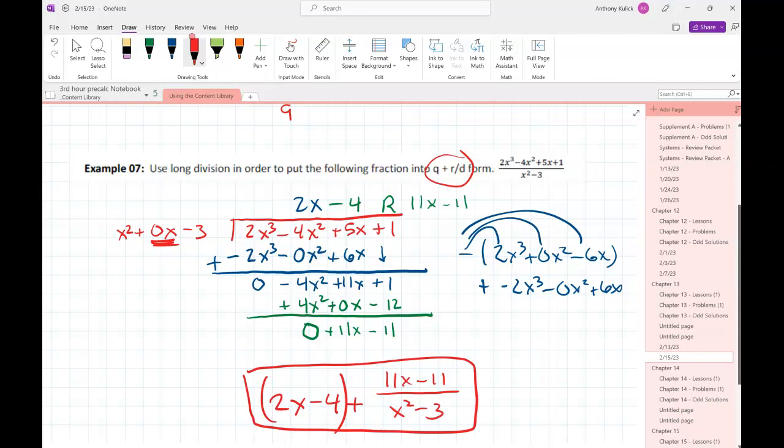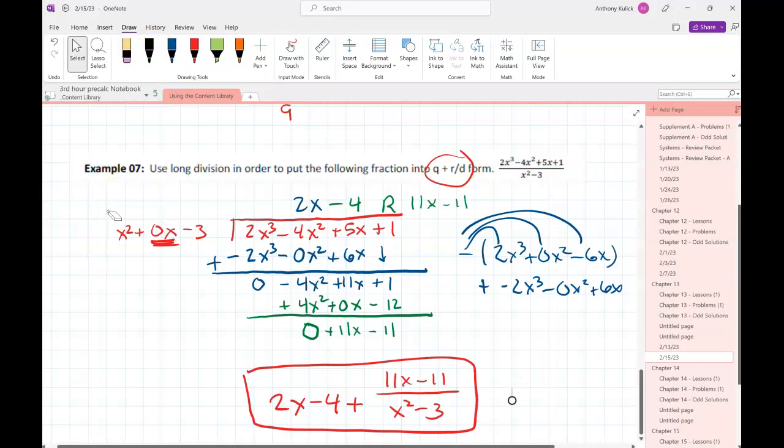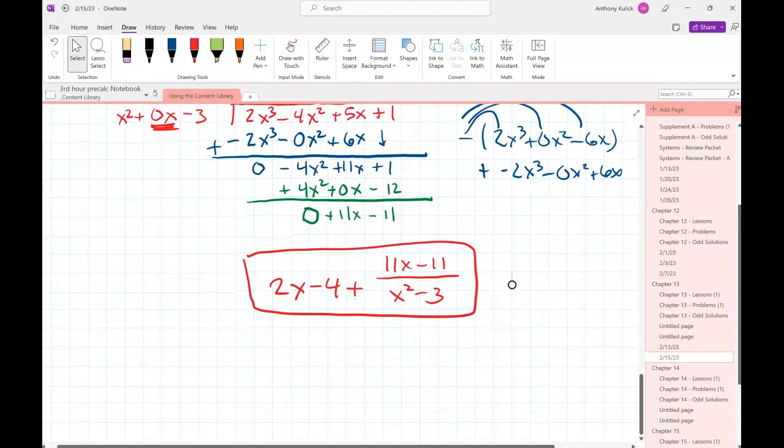It's not necessary either. Are we okay with how I've written this? Okay.